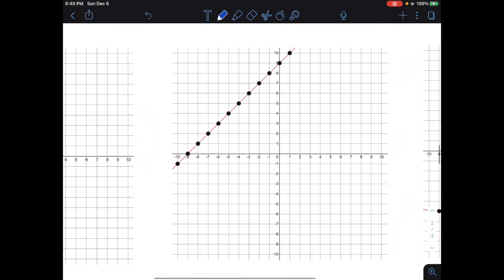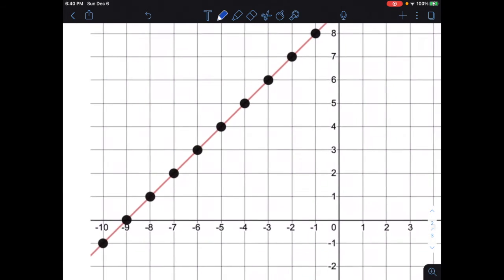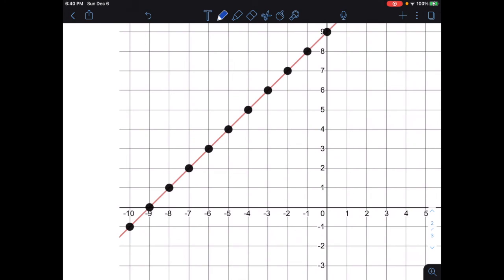Okay, here we go. Another one. Whole bunch of tiny little dots. So let's make this one super big. If I pick any pair of points and I just go up and I go over, remember I always want to go up or down first.